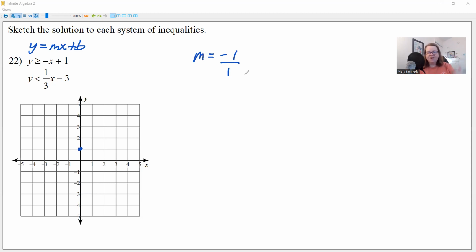We're going to go down one and over one. So from here, I'm going to go down one, right one, down one, right one, or up and left one, up and left. And you can see that that's forming a nice straight line. And so from there, we're going to draw that line.